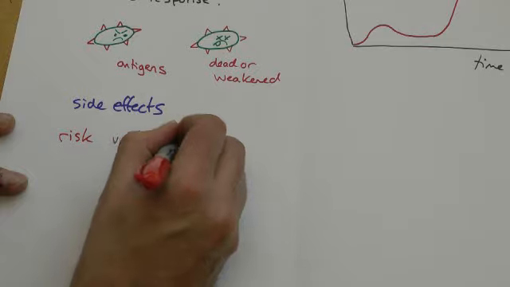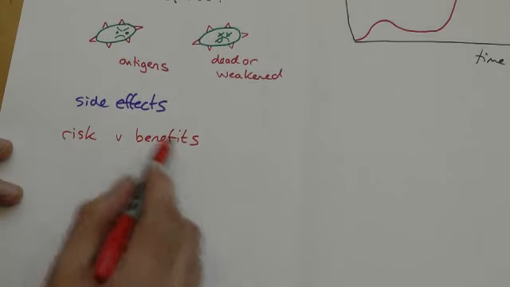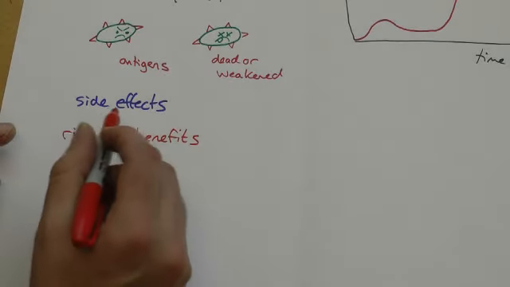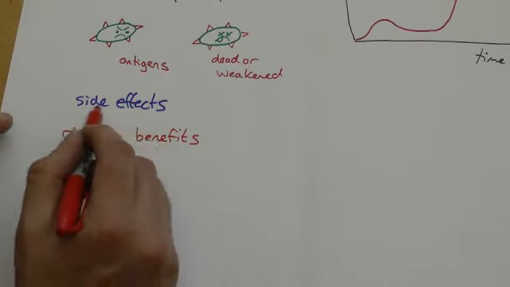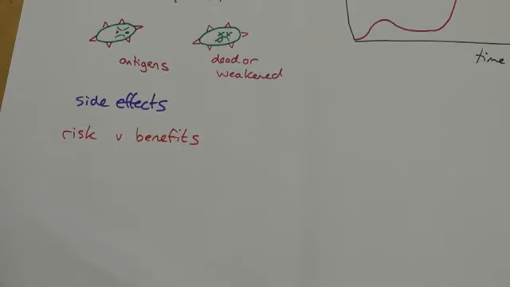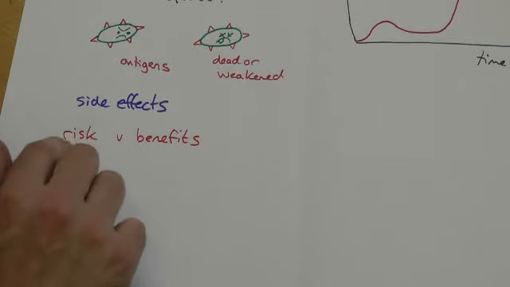So you're always trying to weigh up the risk of possible side effects against the risk of benefits. Now, although there can always be severe side effects, there's always a chance of that. In reality, we find that actually the risk is generally very, very low.